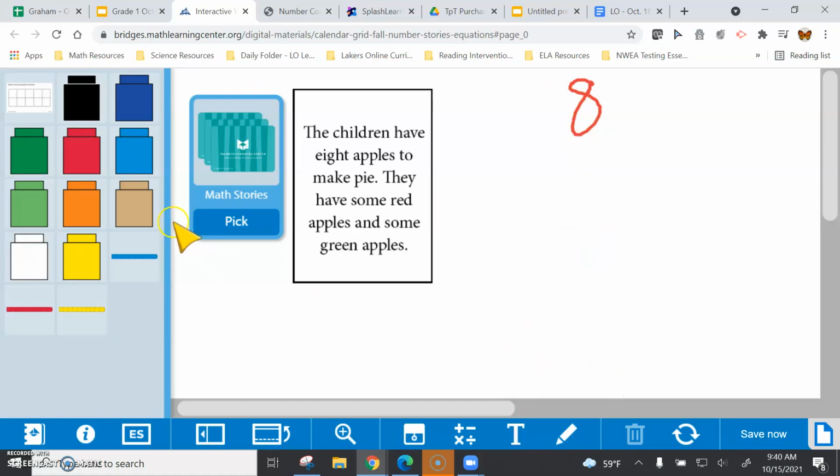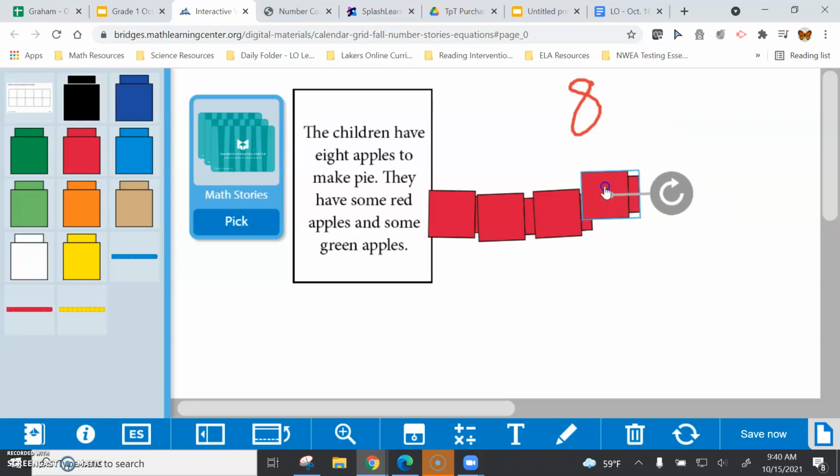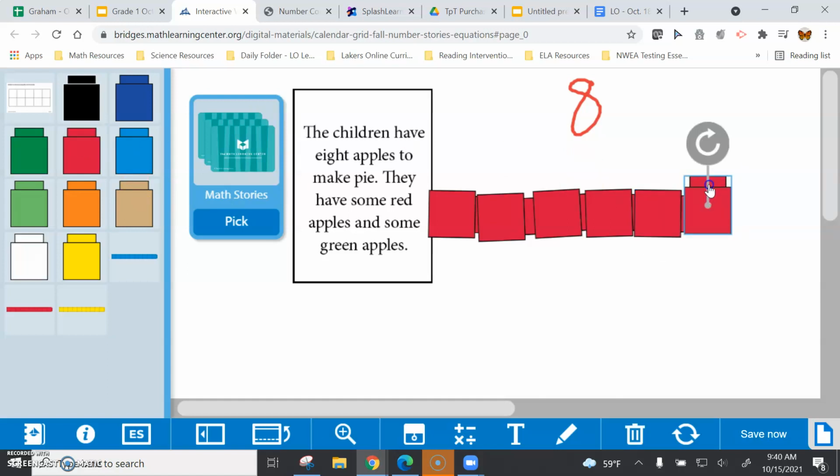I have an idea. Why don't we take the number 6? And I am going to make 6 red apples. 1, 2, 3, 4, 5, 6.